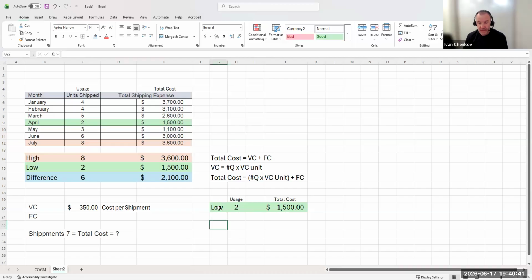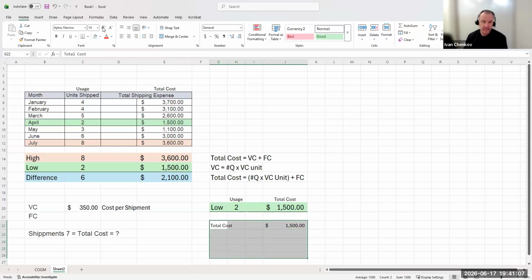So from this point where I am, how many things from this formula do I already know? Well, I obviously know my total cost. My total cost is $1,500. No questions about it.